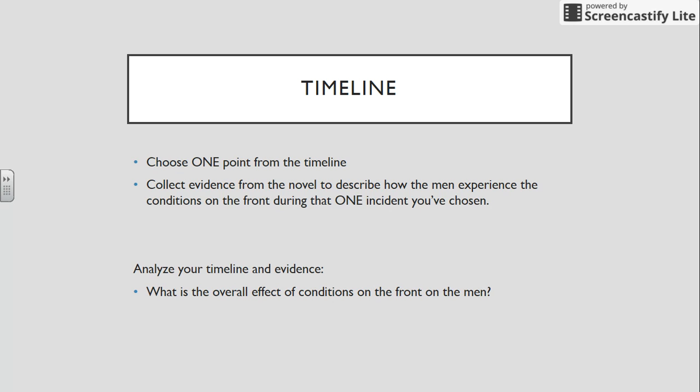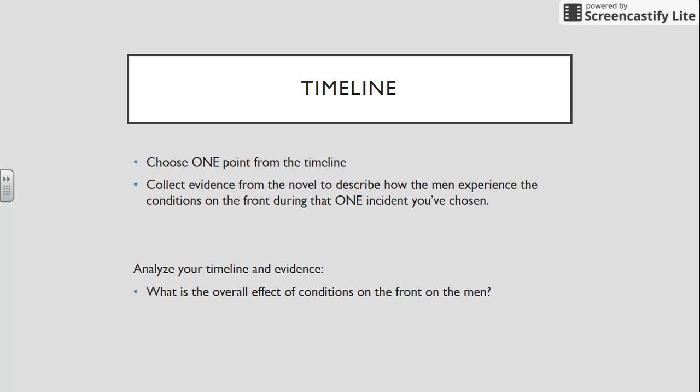And then your final question for this part is to answer this question: what is the overall effect of conditions on the front on the men? So how does what's happening at the front, what they see, what they smell, what they emotionally feel, how they're not only protecting themselves or trying to keep themselves alive, but others, and going over the front and doing the hand-to-hand combat versus dodging bombs and waiting out the bombing, because they're waiting for the other guys to come over.